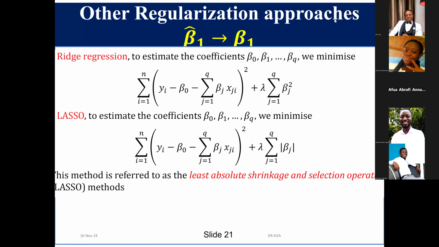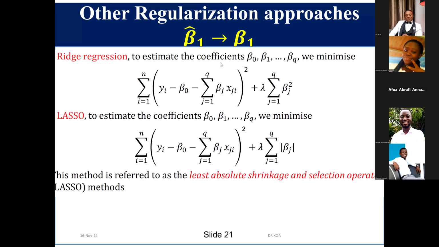There are other regression approaches you can use to also find the betas, because these days there are modern regularization approaches, especially in machine learning, that can be used to get a better sense of the beta 1 and then the beta naught.